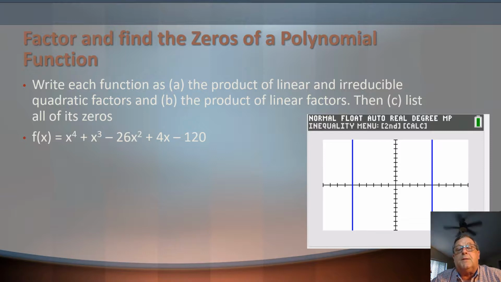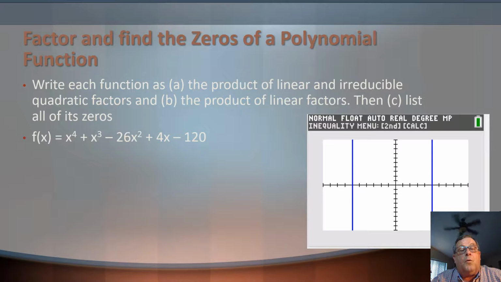Then we're going to write it as the product of linear factors, and then we're going to list all of the zeros. Now, here's what I'm going to do first. I'm going to work on the last part, listing all the zeros first, and then we will write them as products of linear and irreducible quadratic factors, and then the product of linear factors.